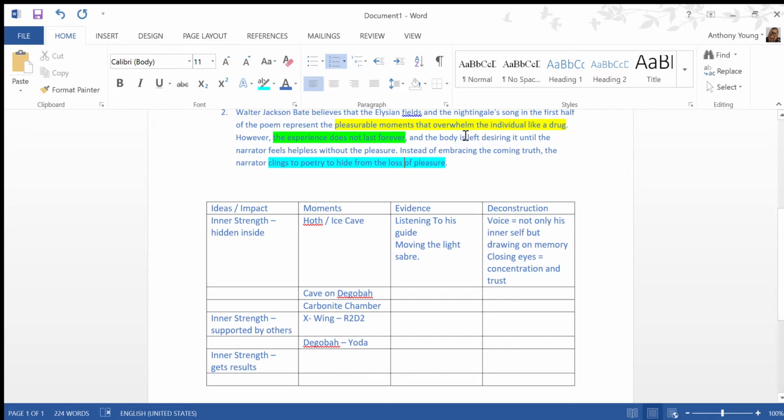And in the yellow paragraphs, you might move through where those moments, those ideas are raised in order, and then continue to move through. You might restart the poem and look at just the moments that are relevant to the green and move through those in order, eventually ending up having explored how Keats is hiding from the loss of pleasure and not confronting that idea, and how that's a problem.